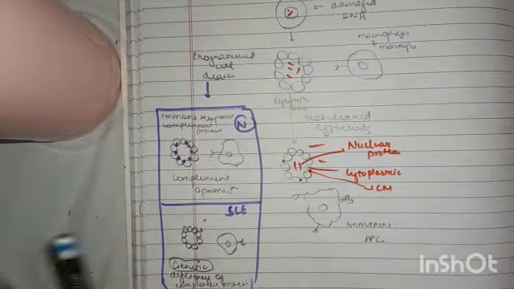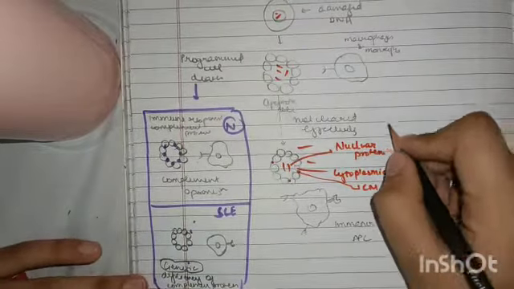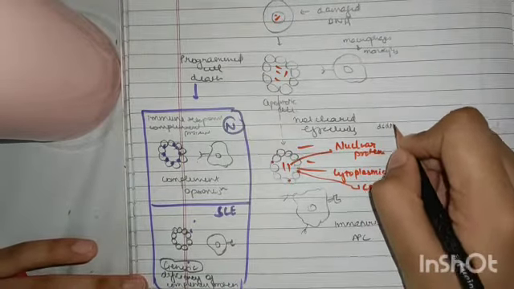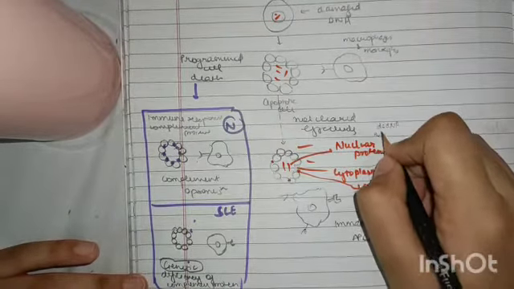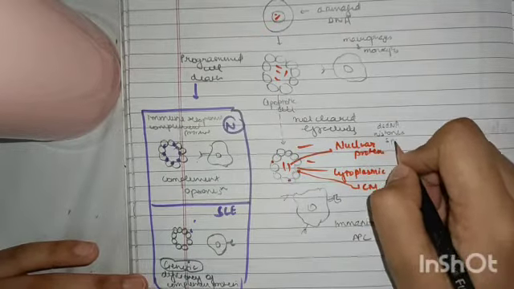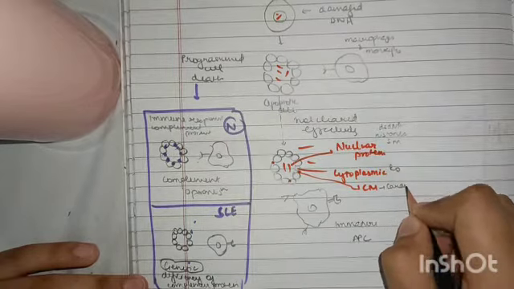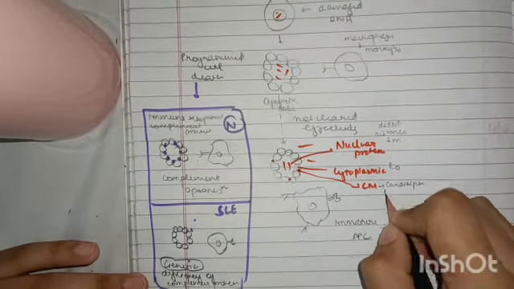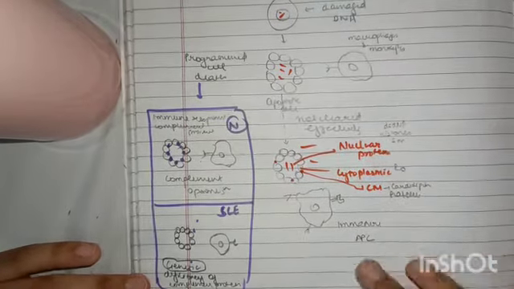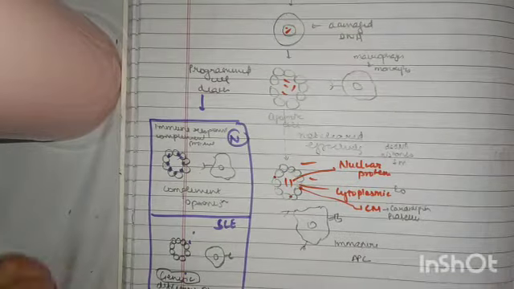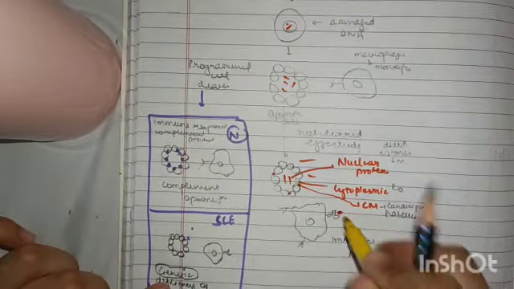In the nuclear protein, remember there is double-stranded DNA, and you will have histones, Sm. In the cytoplasmic, you will have Ro. In the cell membrane, we will have cardiolipin and platelets.